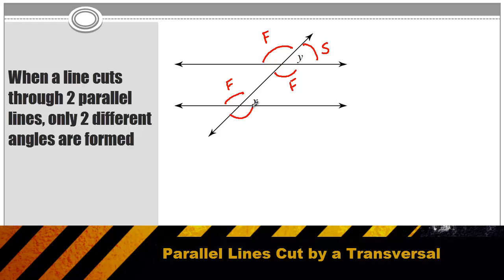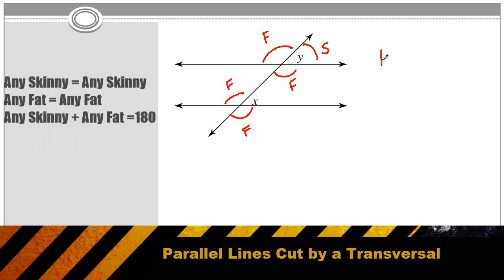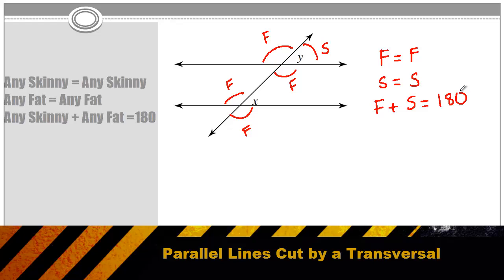And all of the skinny angles also look to be about the same measure. And that's true. You could write the equation that any fat angle is going to be equal to a fat angle. And any skinny angle is going to be equal to a skinny angle. And any fat angle plus any skinny angle, they will equal 180 degrees.